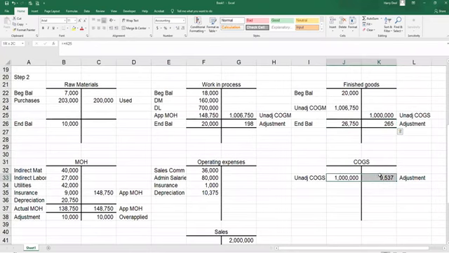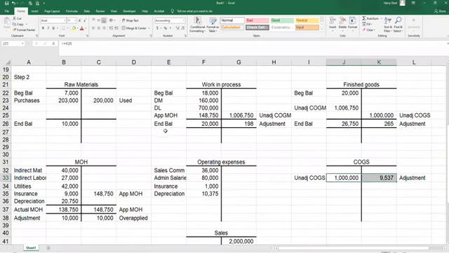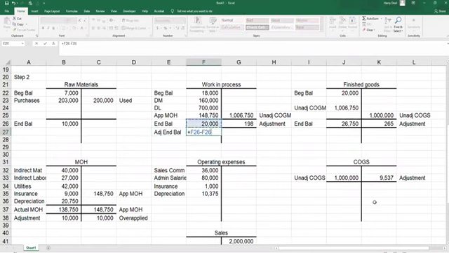The result of these adjustments will be to cause the ending balances to now change. So the adjusted ending balance of work in process will now be 20,000 minus $198, or 19,802.